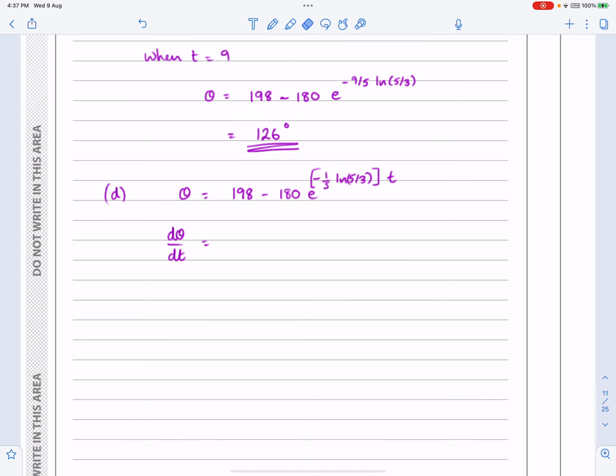So here then we're going to have, the 198 goes obviously, I'm going to have minus 180 times by minus a fifth log 5 over 3, that's the constant, e to the same thing, minus a fifth log 5 over 3 t.